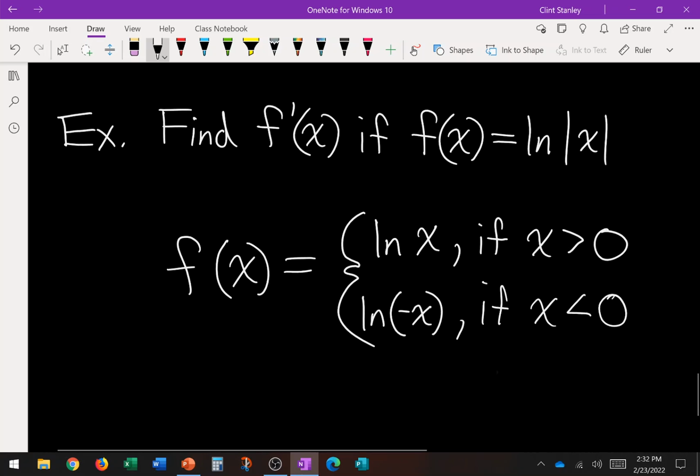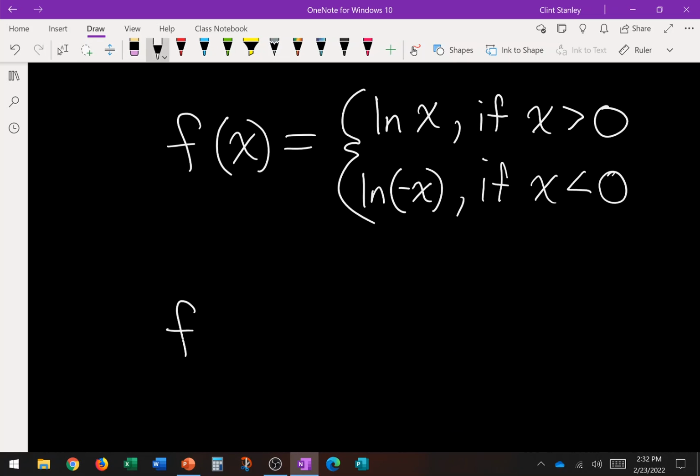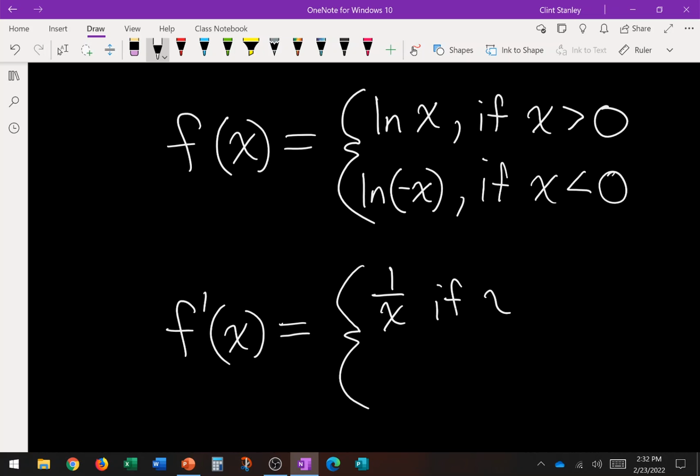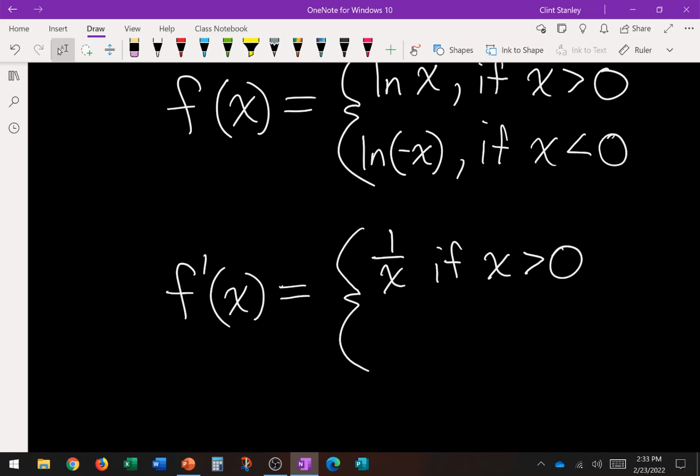So for the derivative, we've got to think about both pieces. If x is positive, that's just business as usual. What's our derivative going to be when x is positive? Just the derivative of ln of x, 1 over x. If x is negative, we've got ln of negative x.